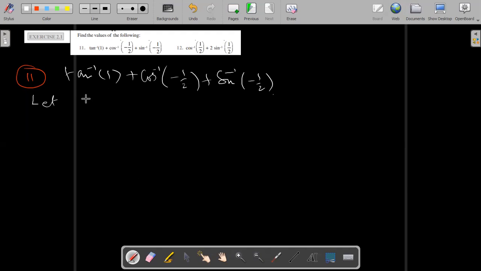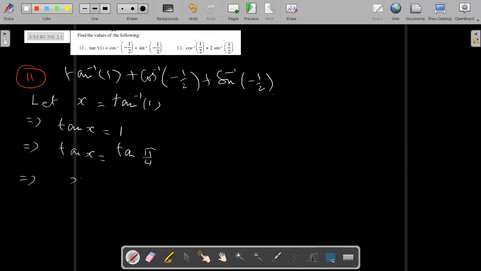Let x is equal to tan inverse 1, which implies that tan x is equal to 1, and 1 is the value of tan at 45 degree, that is pi by 4.